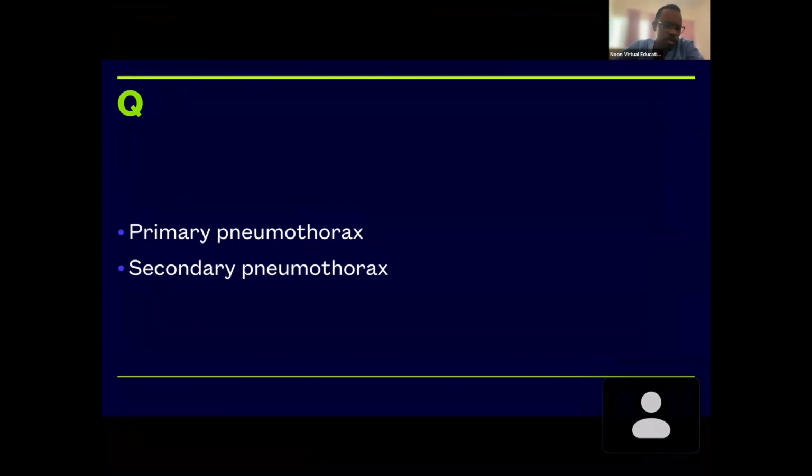Anyway, primary pneumothorax, as you said, the lung is clear. The cause of pneumothorax is not directly related to the lung tissue parenchyma or lung disease.